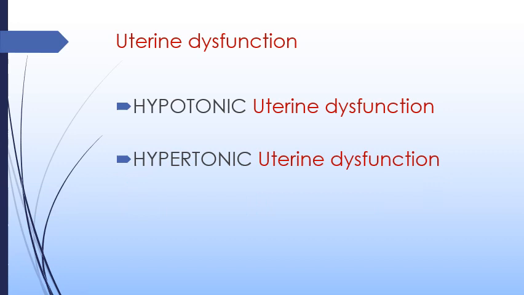Uterine dysfunction can be hypotonic when there is no basal hypertonus and the uterine contractions have a normal gradient pattern. However, pressure during a contraction is insufficient to dilate the cervix. It can be hypertonic when either basal tone is elevated or the pressure gradient is distorted.